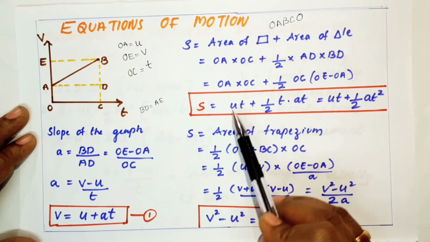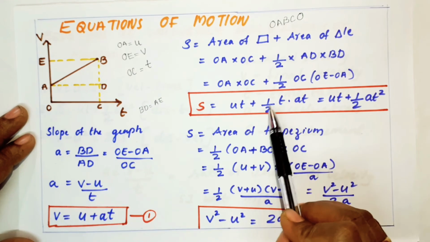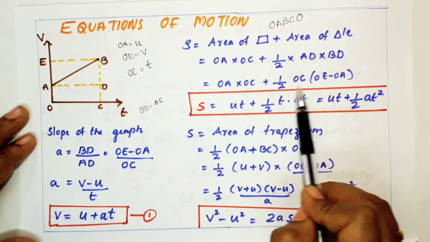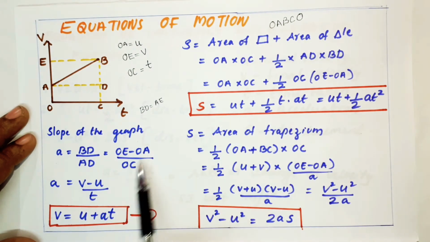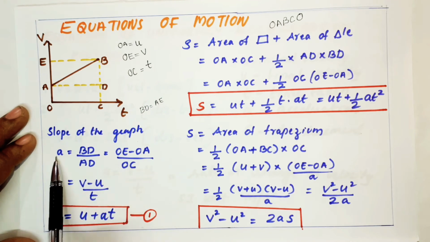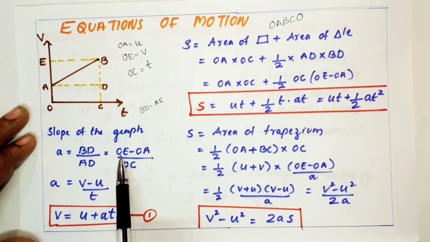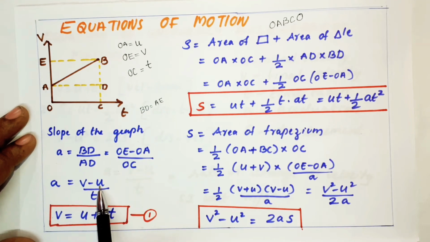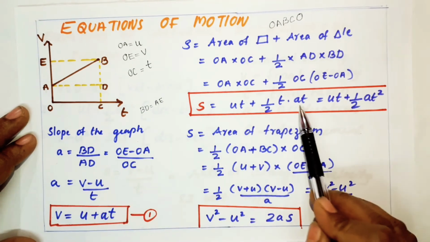Substituting OA as u, OC as t, we get ut plus half into t into OE minus OA. OE minus OA is v minus u, which can also be written as at.